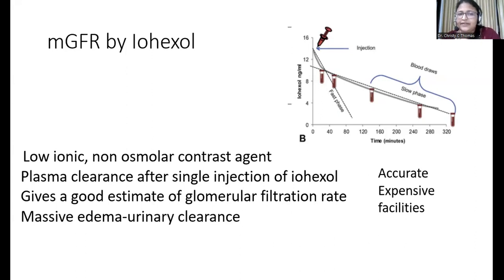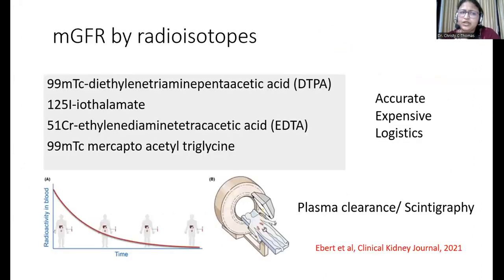If you have massive edema, the volume of distribution of iohexol may change. In those scenarios, you may have to go for urinary clearance of iohexol. It's more accurate than eGFR, but arranging the setting and assessment, all these things are going to be expensive. We have other modes of mGFR estimation by radioisotope-labeled molecules like DTPA, iothalamate, EDTA, mercaptoacetyltriglycine.